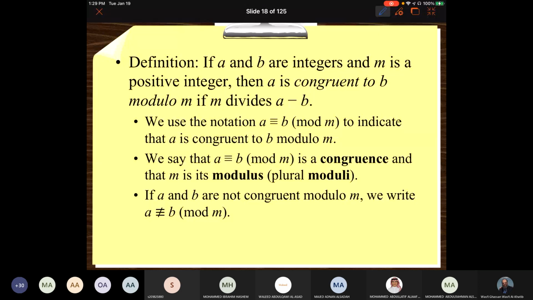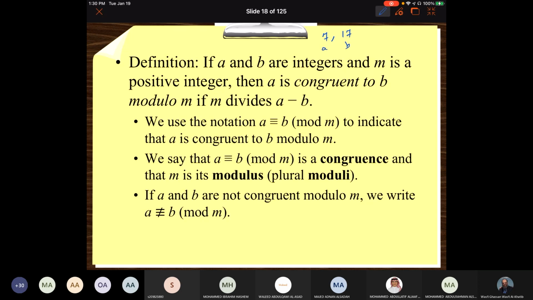طيب. Now, if A and B are integers and M is a positive integer, then A is congruent to B modulo M if M divides A minus B. Okay, we say that A is congruent to B modulo M if M divides A minus B. So for example, let's look at 7 and 17.